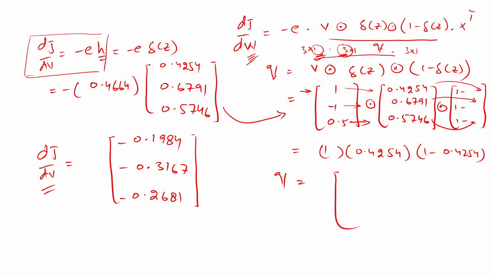After solving this element wise multiplication, we get the value of q equal to 0.2444, minus 0.2181, 0.1. Okay, now we can derive the value of dj by dw, which is equal to minus e. What was the value of e? 0.1984.